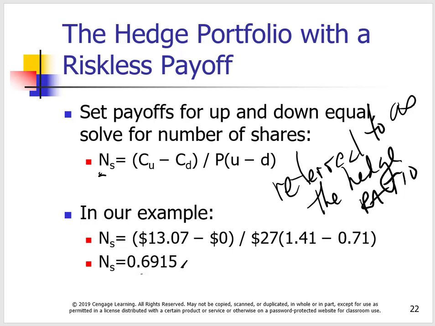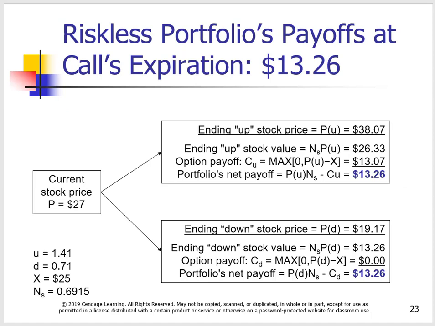So if you buy 0.6915 shares of stock, you would buy a risk-free portfolio for this particular option. Now, this is what's referred to as a hedge portfolio. So let's see how that works out.